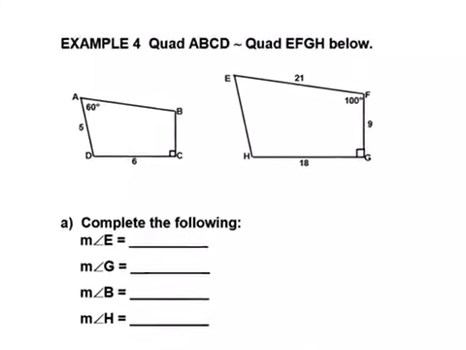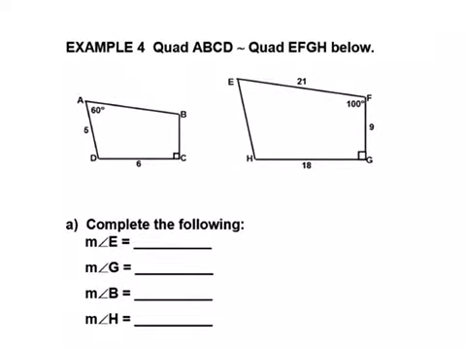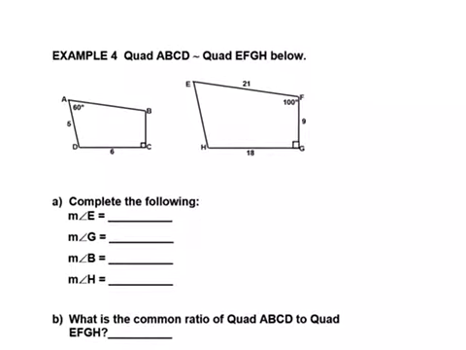So in this next example, example 4, they tell us this time they are similar. So those pieces should be the same. First, they want us to complete the following. So if we do our similarity statement, ABCD similar to EFGH, we line them up.